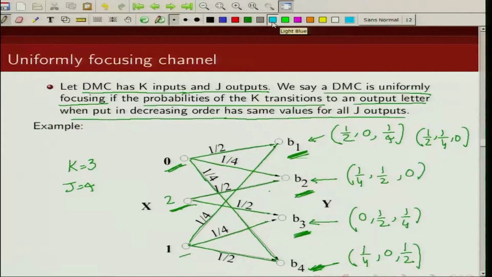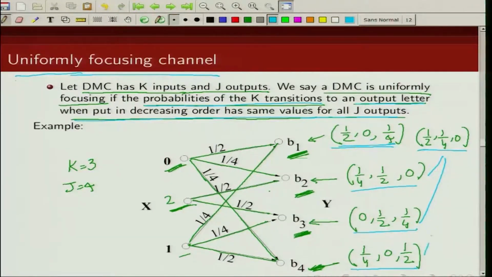So note that if the probabilities of all these k transitions to any output letter, when put in decreasing order, have the same values for all j outputs, then it is a uniformly focusing channel. In this case, if I put each of these in descending order I get the same probabilities.